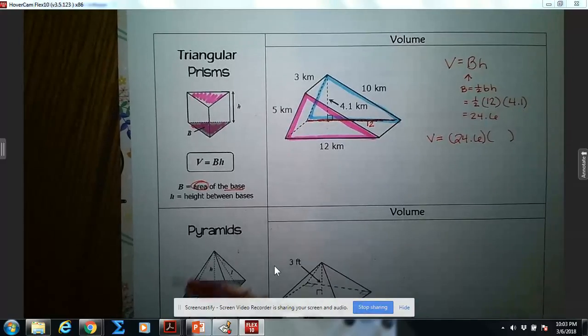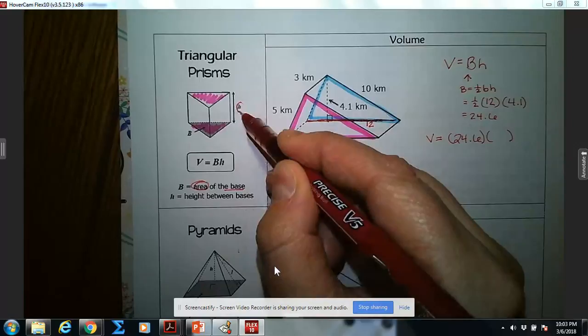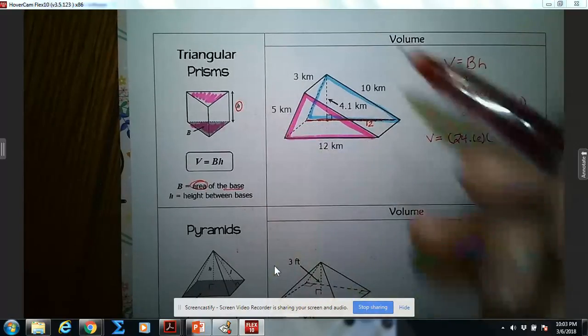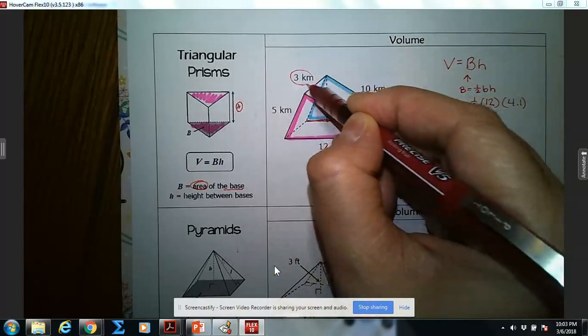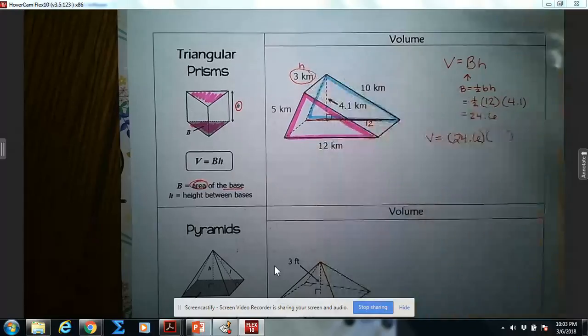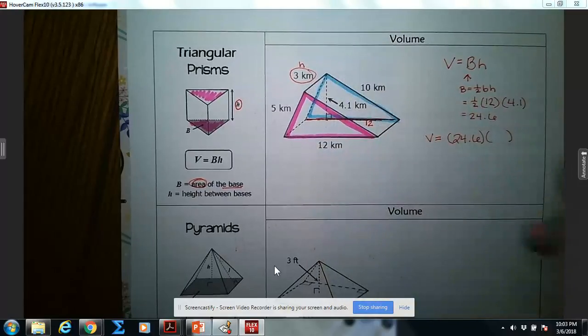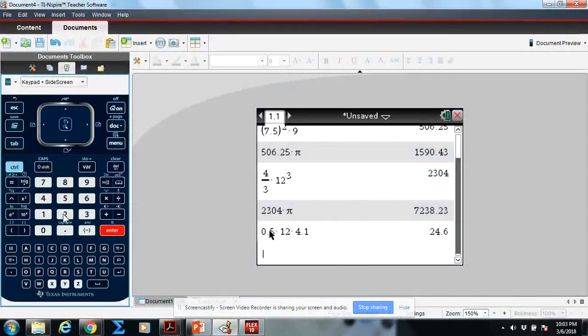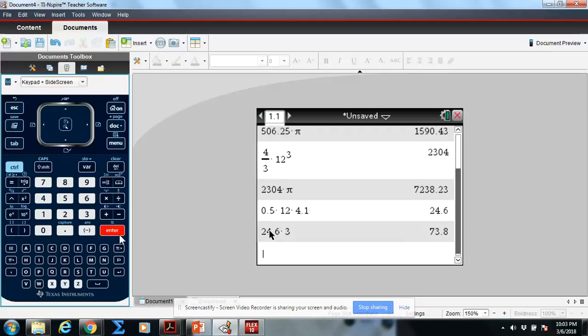We're talking about the height between the bases, and that is 3 kilometers. So 24.6 is the base area, and 3 is the height between the bases. So 24.6 times 3 will give us our volume.